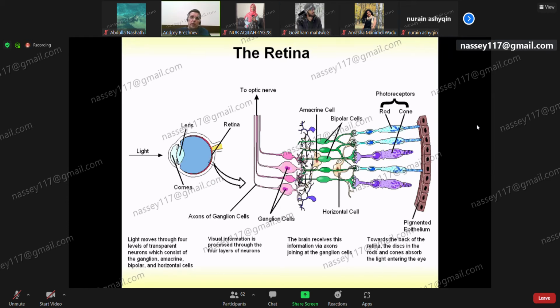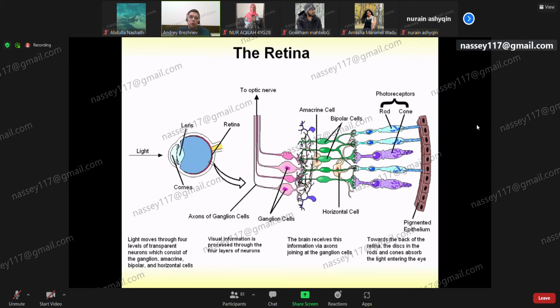The rods are mainly responsible for vision in dim light, the so-called scotopic vision. The Greek word scotos means darkness. Rods produce images consisting of different shades of black and white, while the cones are responsible for photopic vision.